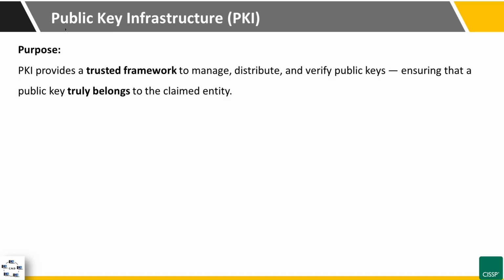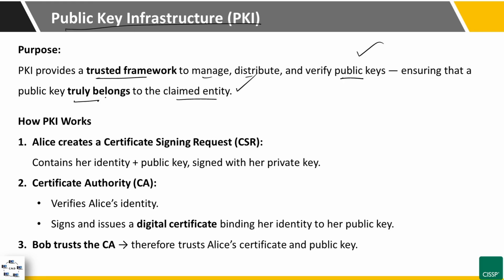Our next important topic is PKI, or public key infrastructure. PKI provides a trusted framework to manage, distribute, and verify public keys, ensuring that a public key truly belongs to the claimed entity. So how does PKI work? We will explain it with this example.